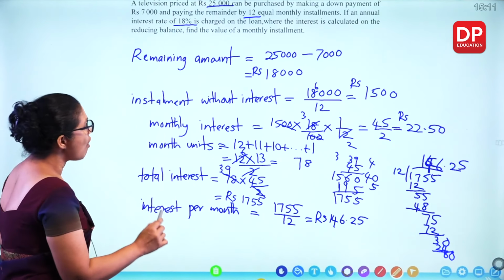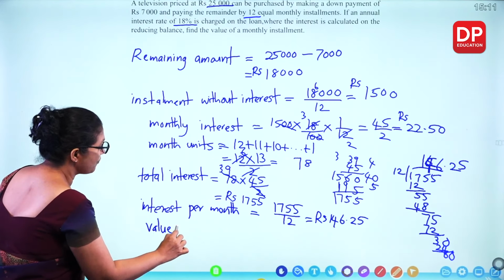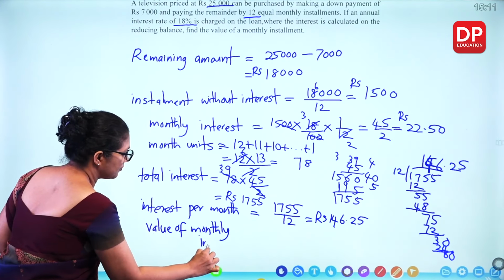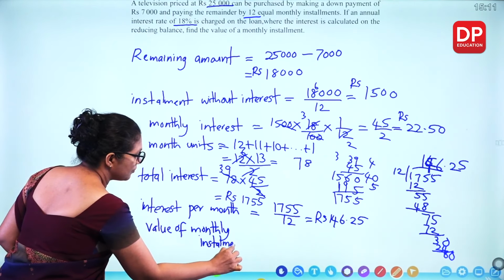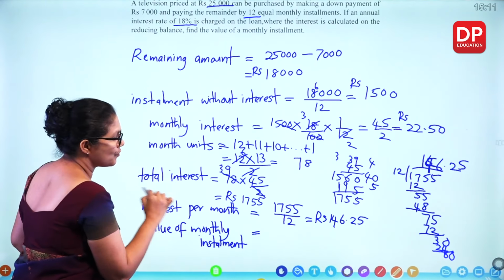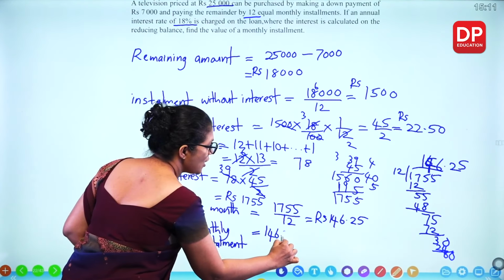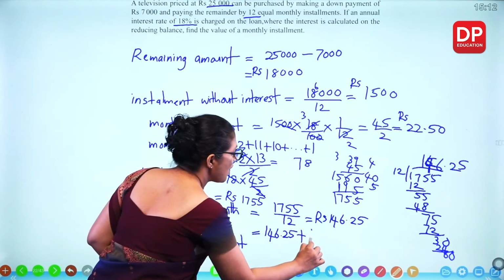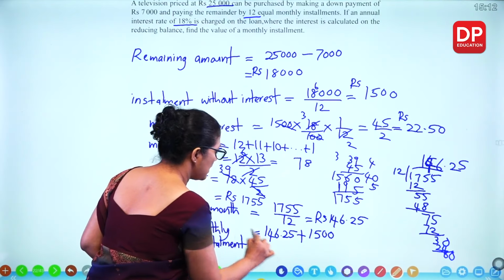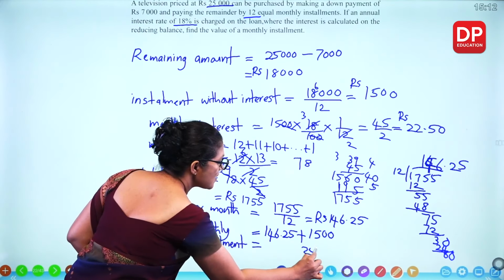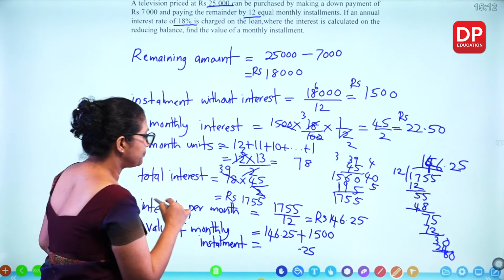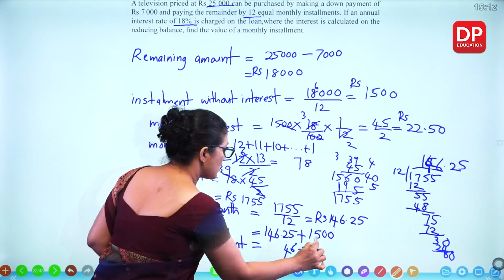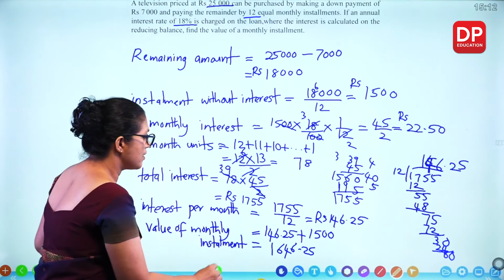So what's the value of the monthly installment? So 146.25 and add 1,500. So the total is, 25 paise is already there, 6, 4, and so here 6 and 1.